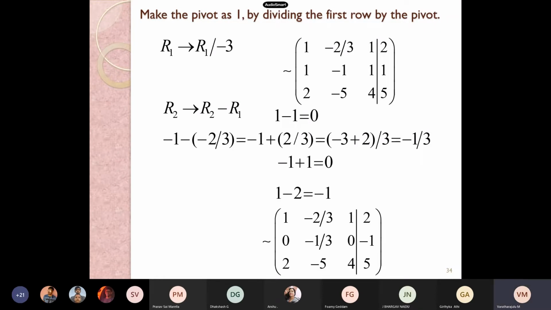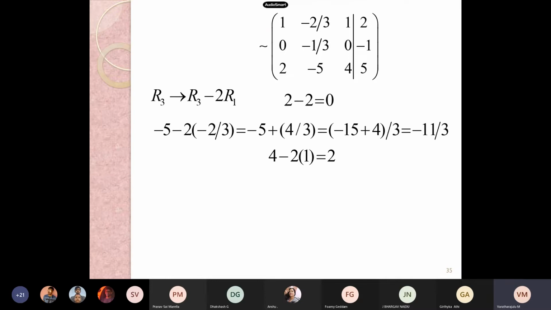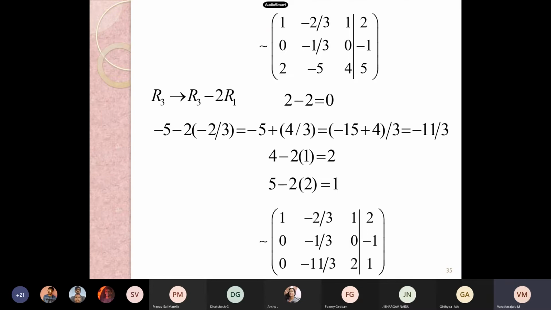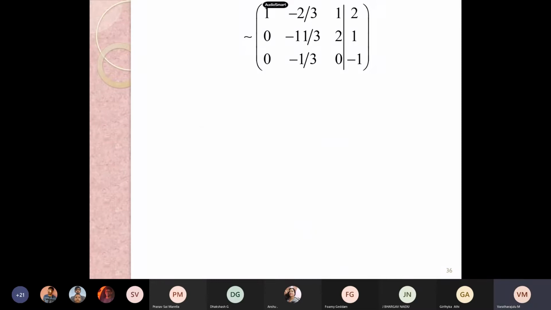And the changes made in row 2. And similarly, for row 3, R3 implies R3 minus 2 R1. And this is what we did earlier. And finding the new pivot. This is the new pivot.